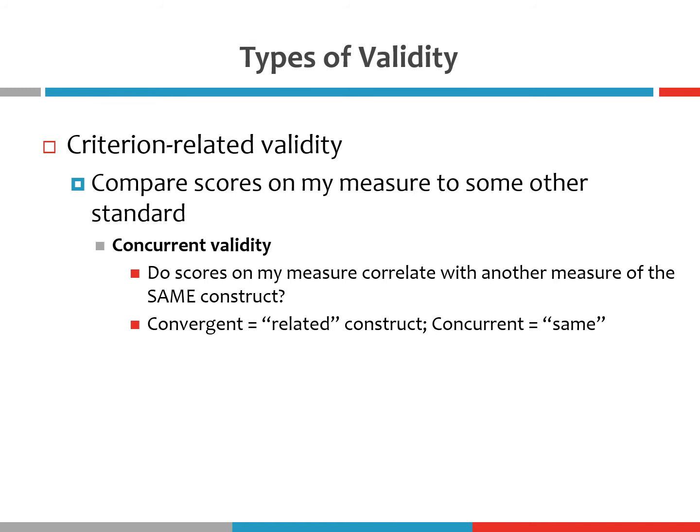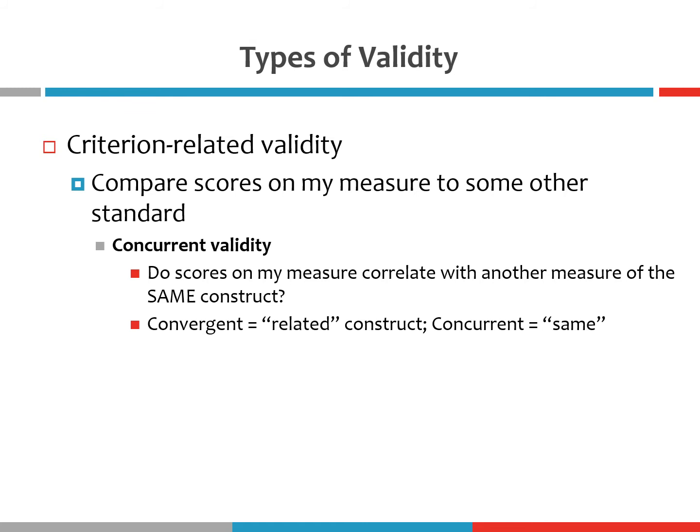For example, we might compare a new depression questionnaire to something that's established for measuring depression, right? So we might compare our new depression questionnaire to scores on the Beck Depression Inventory, or the BDI, for example, because the BDI is a well-established measurement instrument that also looks at depression, right?